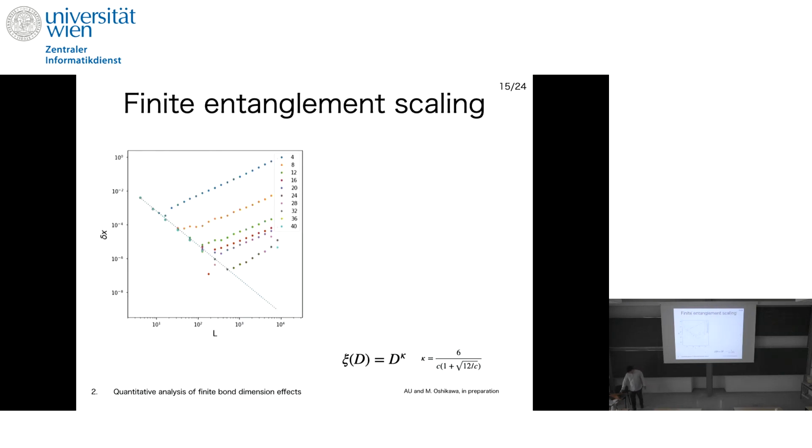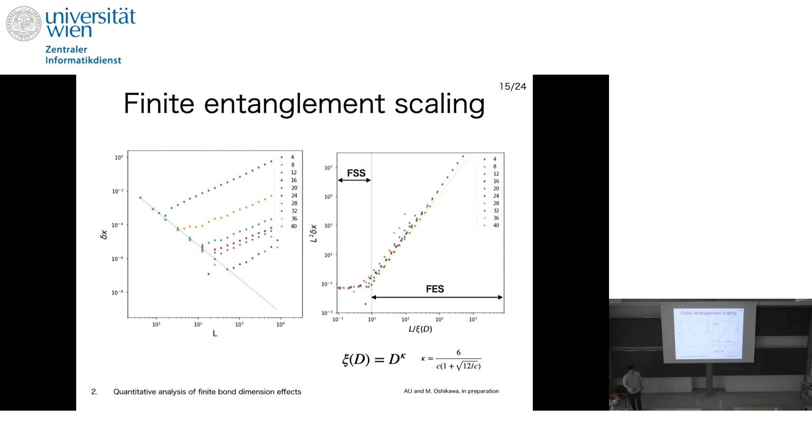But when you rescale it, actually, these things look random, but when you rescale them with well-known correlation lengths, then all these lines collapse onto each other. This means that TNR also has the same finite bond dimension effect as MPS.